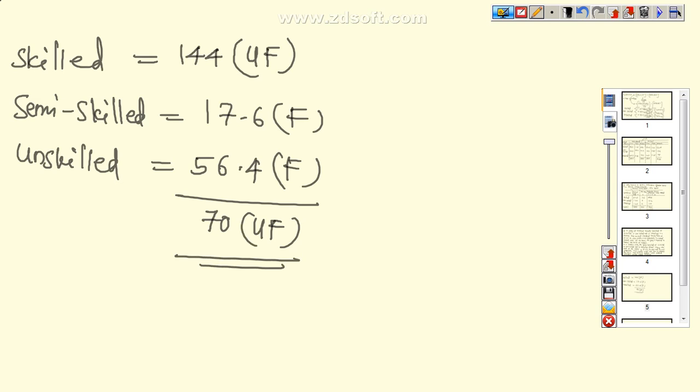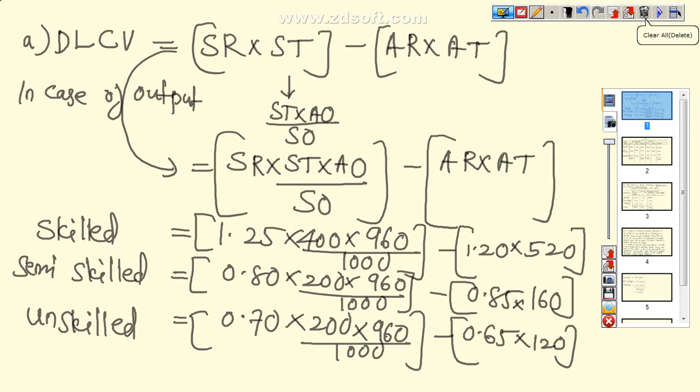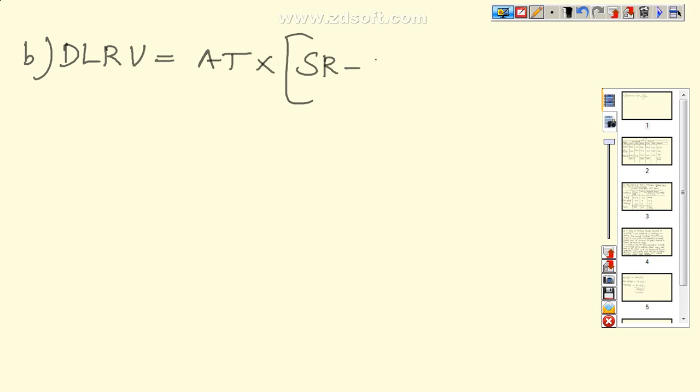After calculating direct labor cost variance, next we have to calculate direct labor rate variance, which is equal to actual time multiplied by standard rate minus actual rate. There is no standard time in this equation, so we don't have to change any value.